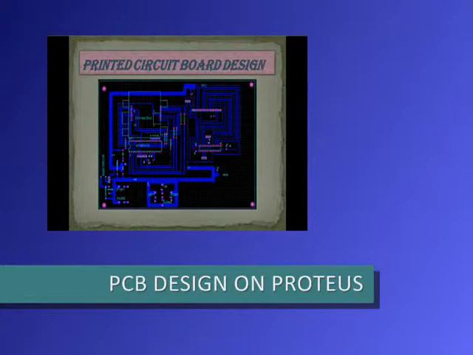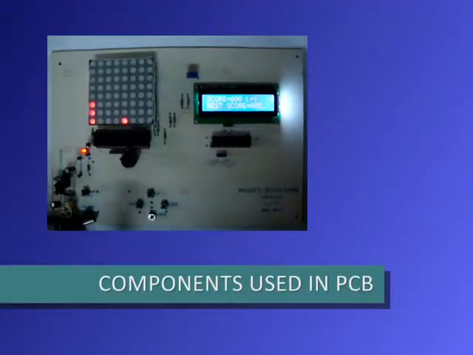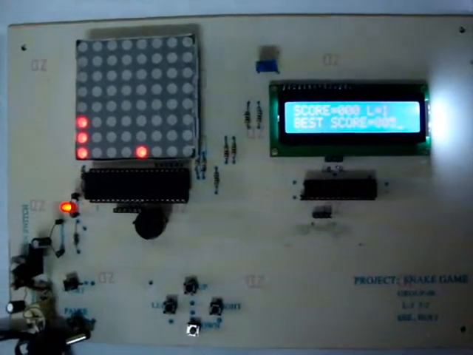And this is our printed circuit board design, which ultimately we have realized in real time. This is the final stage of our project. We are supposed to implement our project on a PCB board.